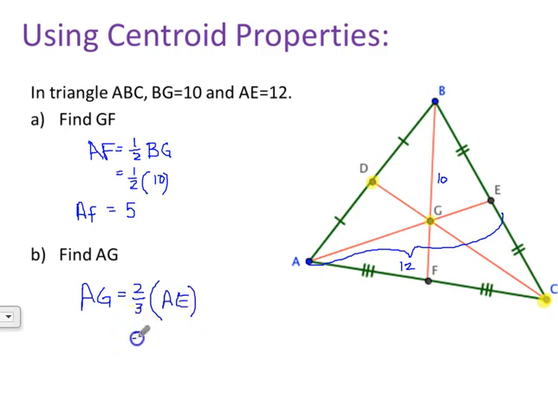And we were given that the length of the entire median was 12, so 2/3 of 12 is what? It's equal to 8. So the length from A to G is 8. I'm going to go on the next slide, so if you need more time, go ahead and click pause.